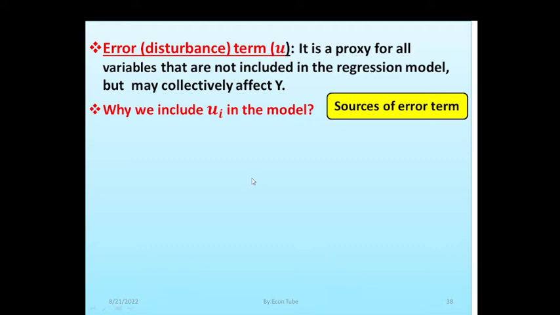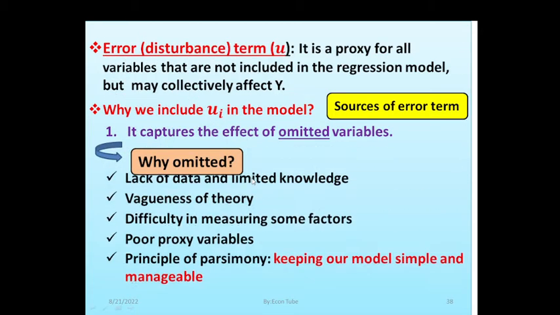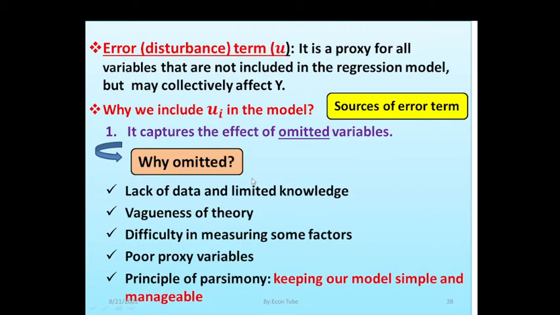The first one is that it captures the effects of omitted variables. Why do omitted variables matter? Lack of data and limited knowledge, vagueness of theory, difficulty measuring some factors, heterogeneity of variables, and the principle of parsimony, keeping our model simple and manageable.